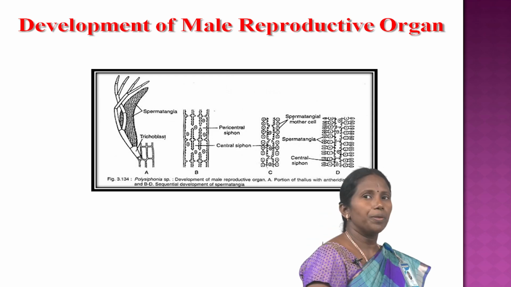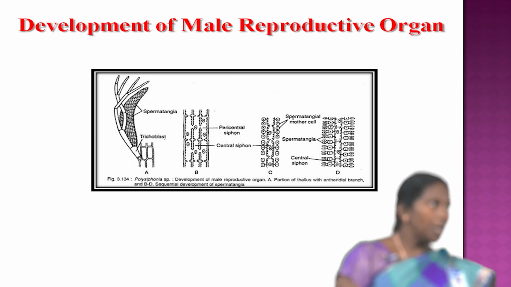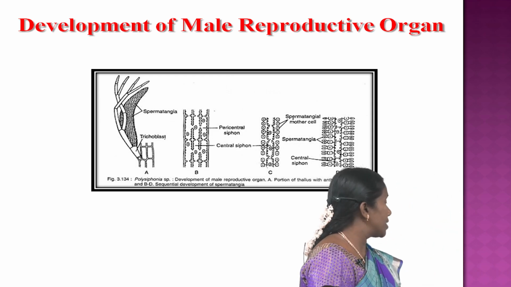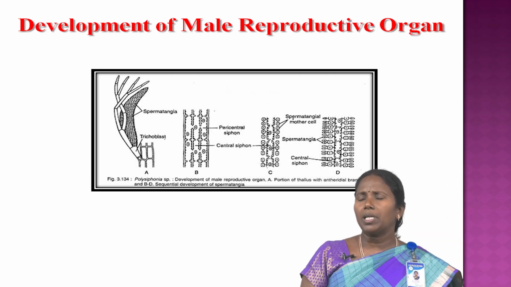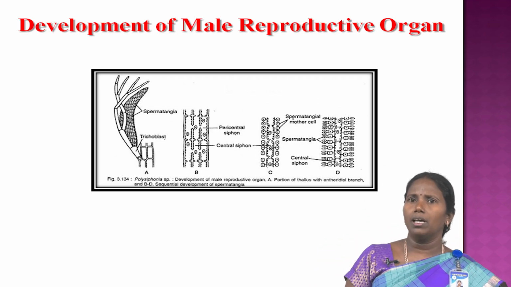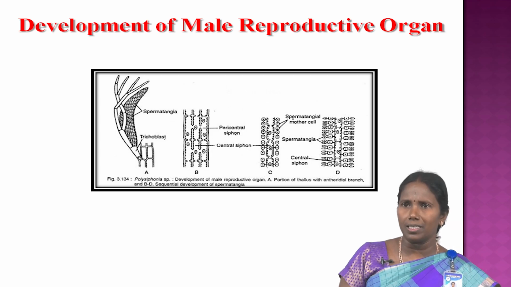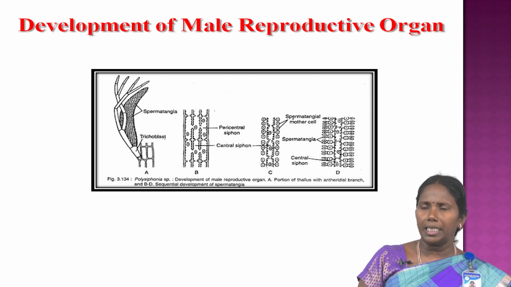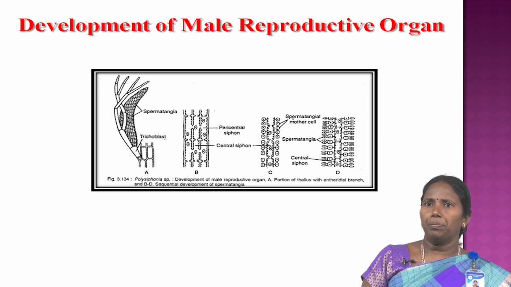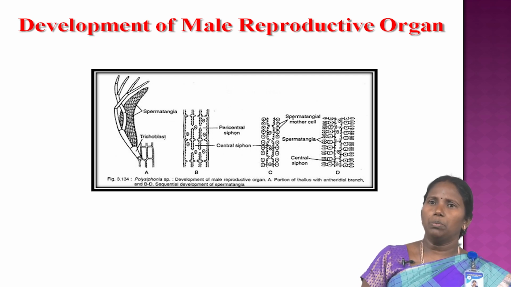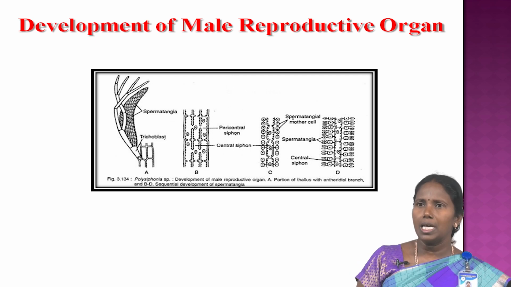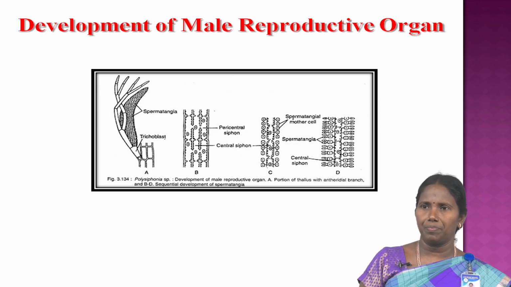This slide shows development of male reproductive organs. During the development of spermatangial branches, except a few basal cells, the cells divide periclinally and form pericentral cells on both sides. Each pericentral cell undergoes several divisions and forms spermatangial mother cells.